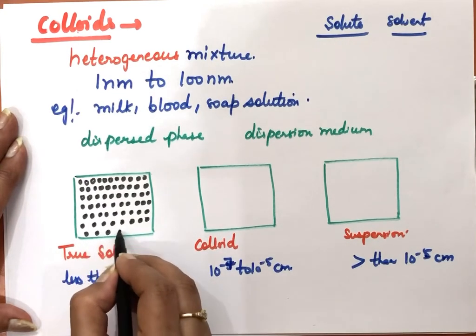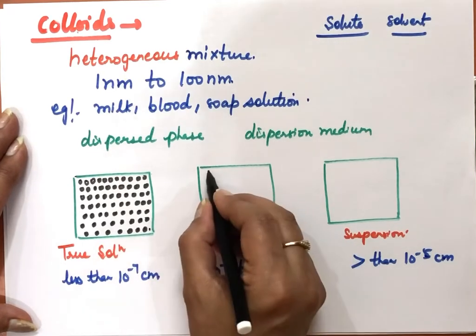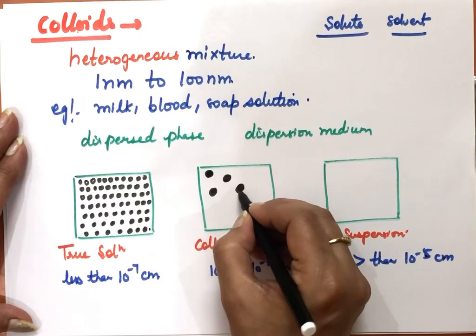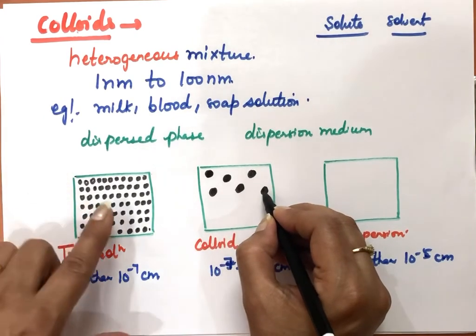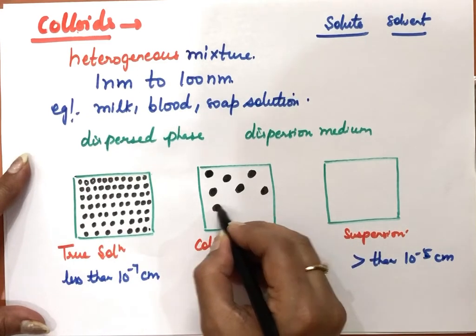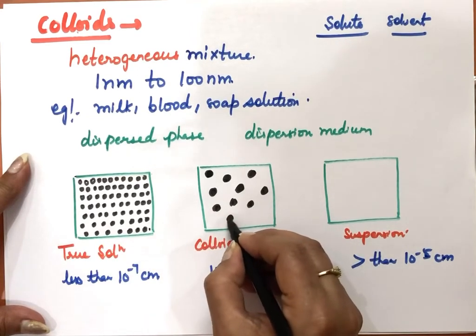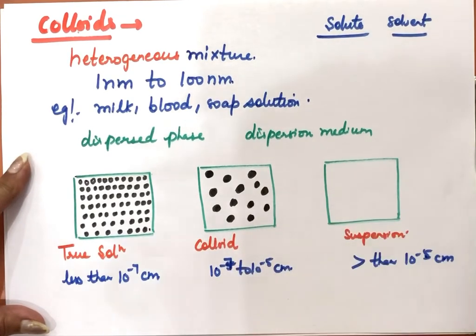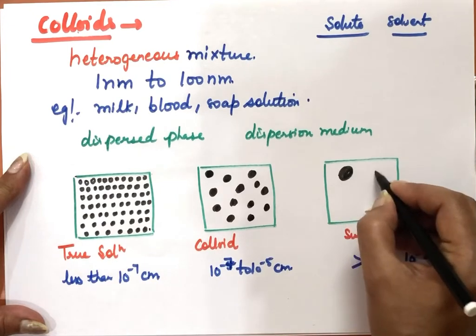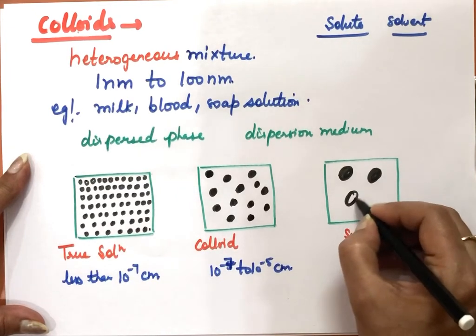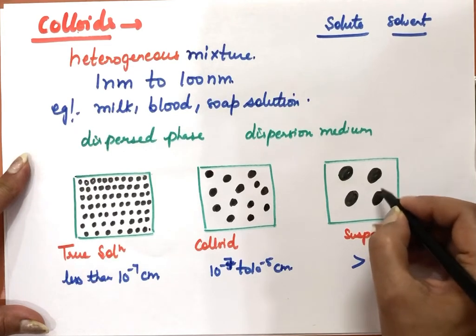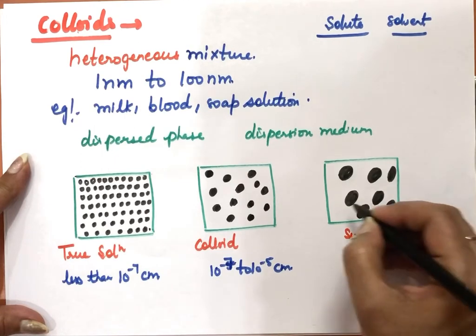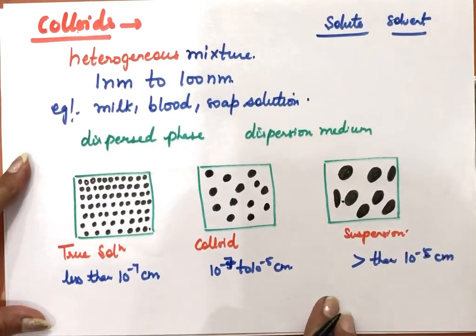But if we take colloids here, the particles will be a little bigger in size, and that is why they are fewer in number as compared to the particles packed in a true solution. And they are a little bit in a random arrangement, like this. And when we come to suspension, the particle size is very, very big. So the number will be even less than that of the colloidal particles, like this. So this is about the colloids.